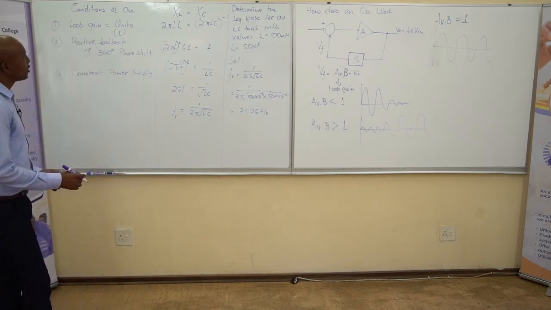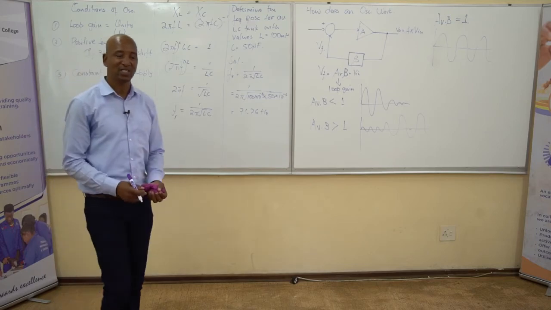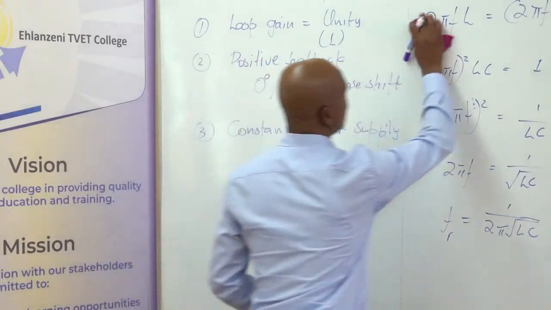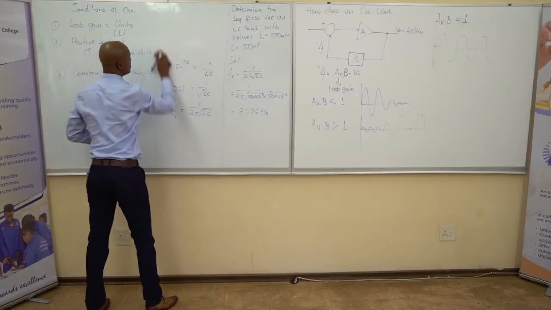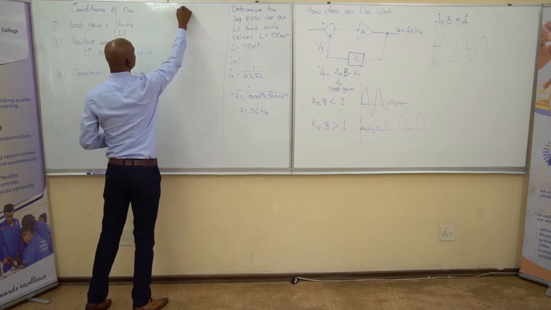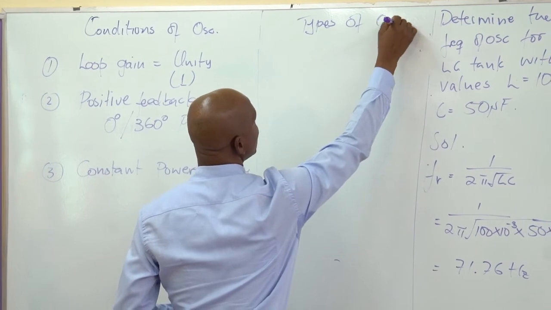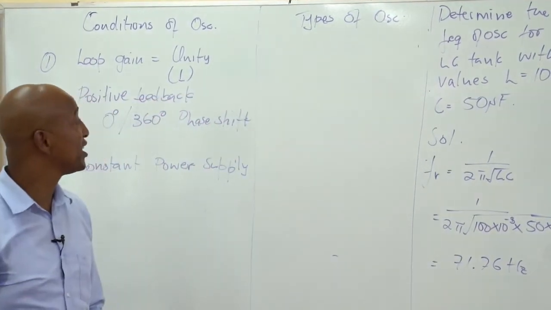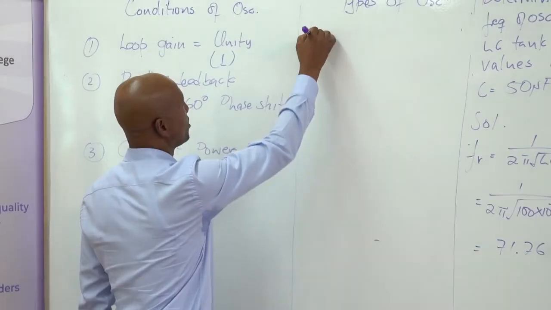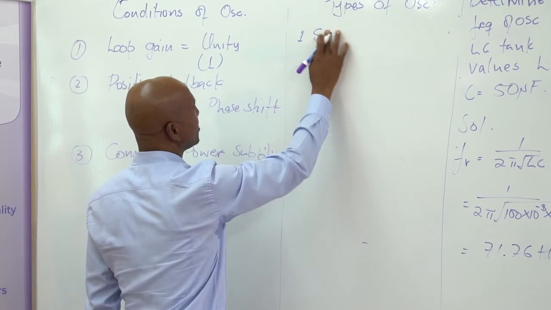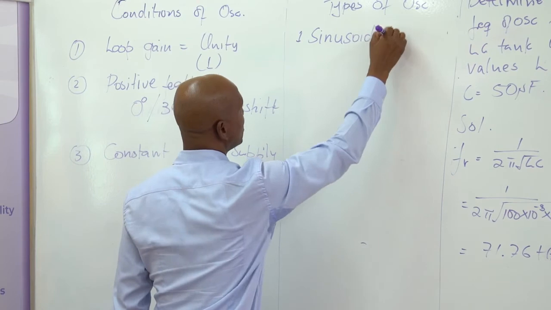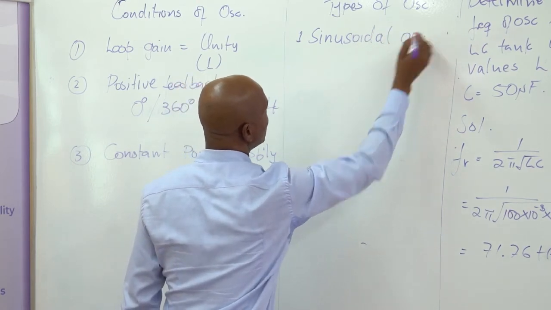Now, let's look into the types of oscillators we have. They are categorically distinguished into two, mainly. One, we have sinusoidal oscillators.